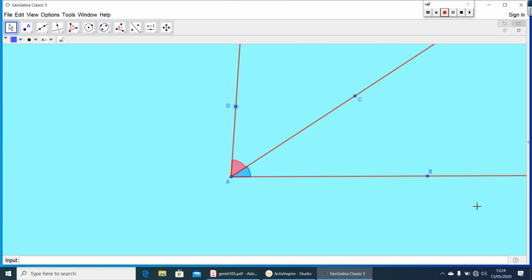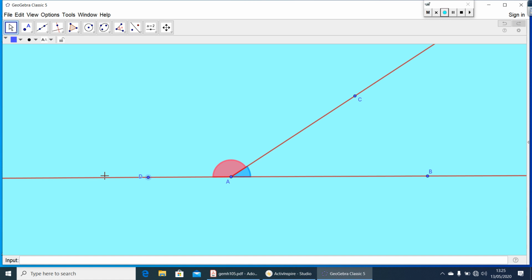Now let me change the position of the non-common arm. Now you see what happens. What about the non-common arms? That is AB and AD.